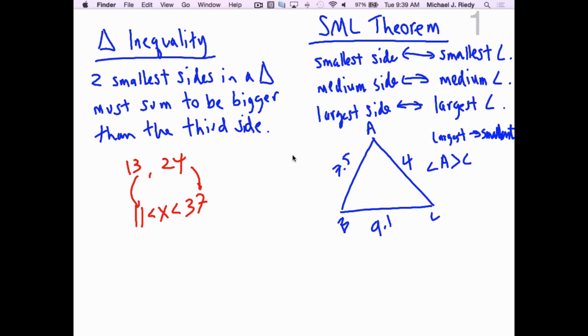A is bigger than angle C, which is bigger than angle B. Do not trust the picture, trust the numbers. The largest side is BC, so the largest angle is the one opposite that. Medium and smallest. Okay, we good?